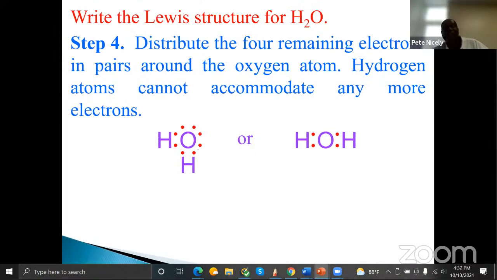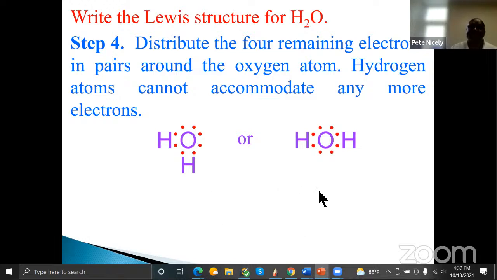So the other 4 electrons now will end up on the central atom. And now you'll notice that the oxygen has an octet, 2, 4, 6, 8 electrons on its outer shell, while the hydrogens, each of them will have 2 electrons or a duet of electrons on their outer shell. And that would be the full structure of the water molecule, the Lewis structure of the water molecule.